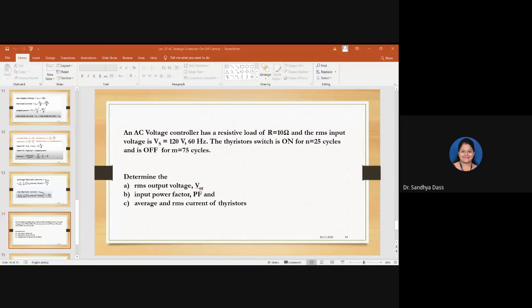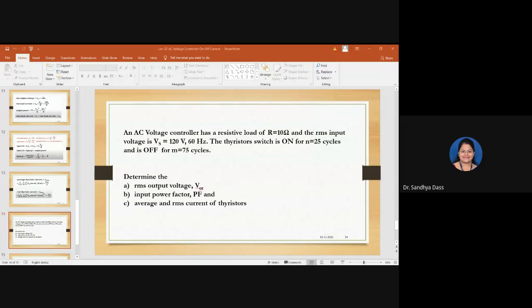Good, thank you, Astrid. Substituting K, n by n plus m, that is 25 by 100, which gives 0.25. So Vs into root K, you will have 120 into root of 0.25, which comes to 60 volts, right?